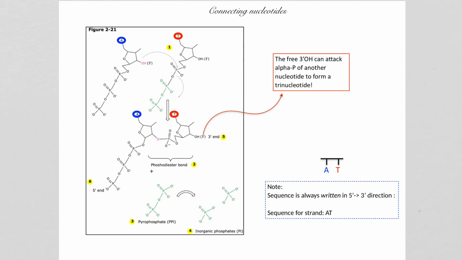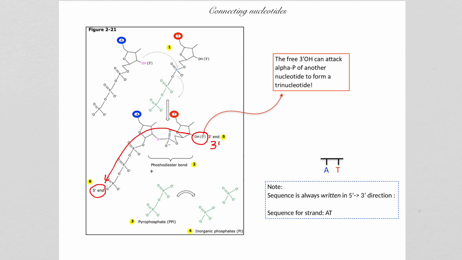It's also important to always remember that once we start talking about longer biomolecules, we need to identify the direction. So the sugar that has a free 3' OH, that's called the 3' terminal. Then the other end of this molecule will be the 5' terminal.